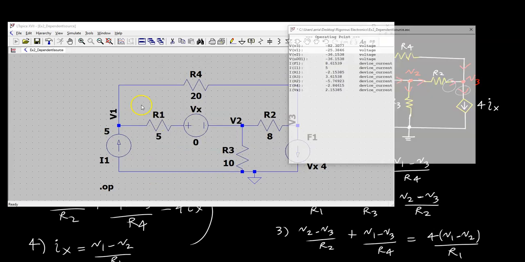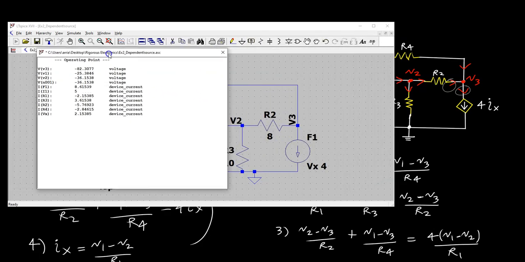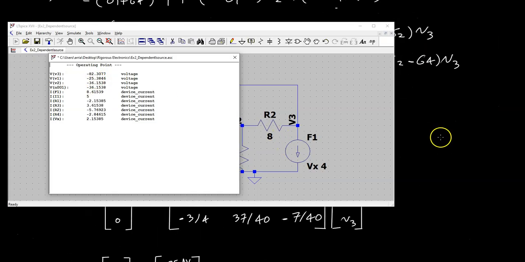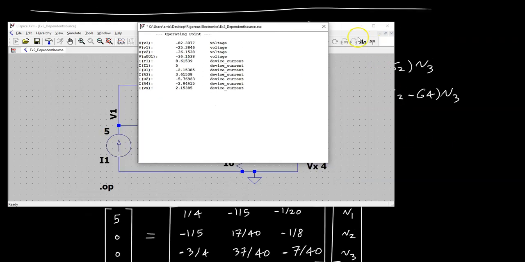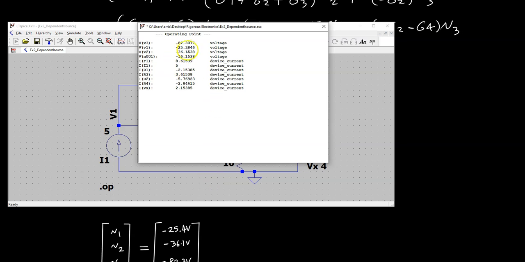Press OK. And we can of course see that we have negative 25.3. Let's go ahead and go down here and compare side by side. It's kind of hard to see here. So negative 25 about 0.4, negative 36.1, and V3 is negative 82.3.